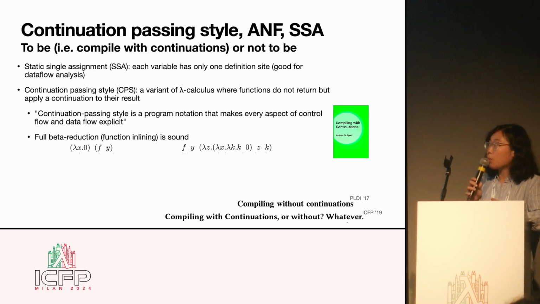Whereas if this term were in CPS form, you wouldn't be throwing away the side effect. So this is one reason why you might want your IR to be in CPS style if you care about function inlining.